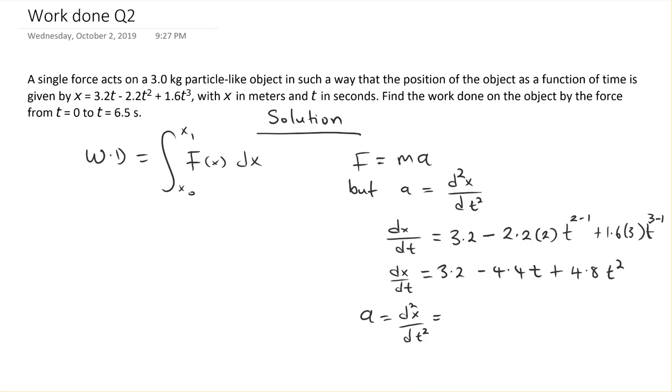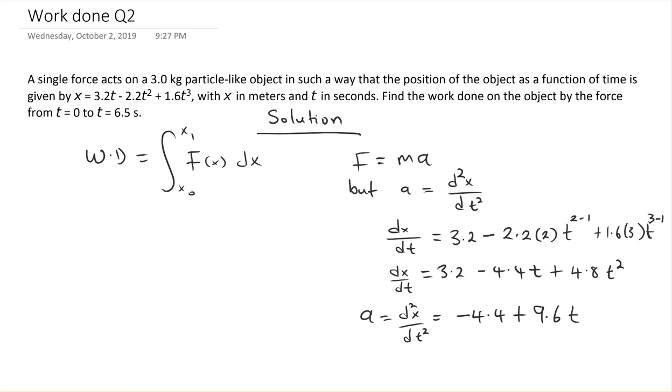So the derivative of 3.2 is 0, the derivative of negative 4.4t will give me negative 4.4, and for the last one the 2 will come down, multiply 4.8, and that will give me 9.6, and the power will drop by 1, so it will be t. So now we have an expression for acceleration.